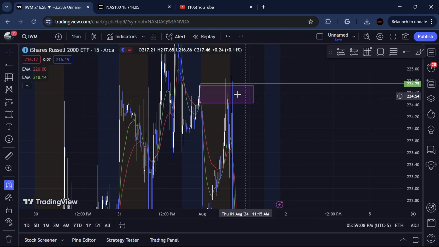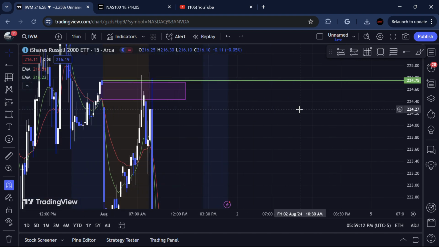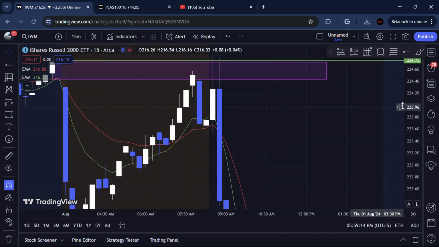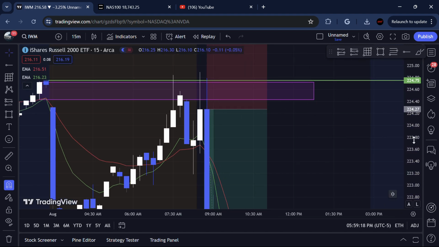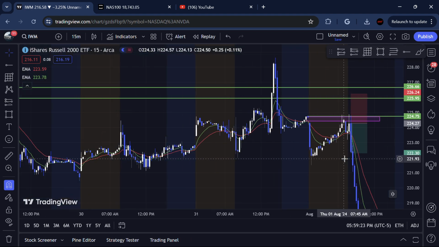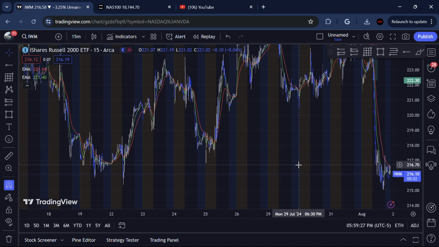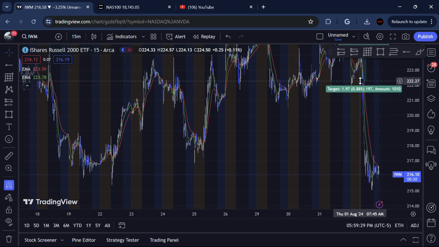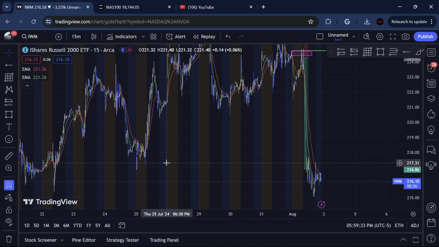Completely respected the order block, even during the pre-market session. Let's see where I took this entry at. There, I took it at the open of the candle right here. Stops right above here. All the way to the downside. And I targeted this resting liquidity, which was pretty good. Right around there, I want to say.